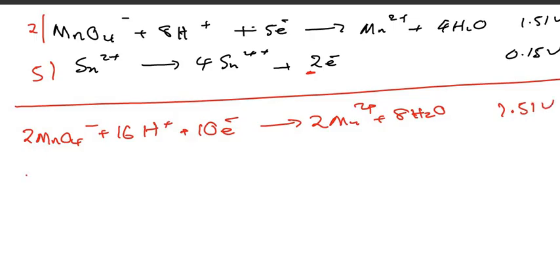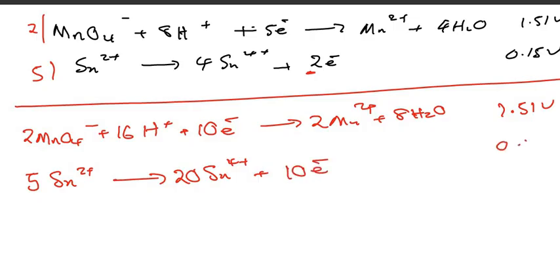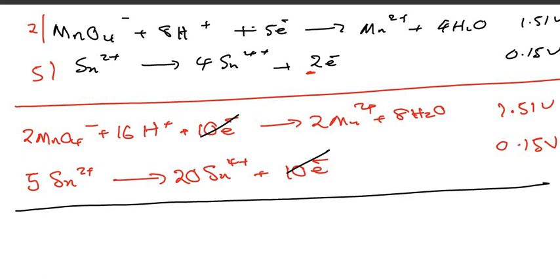Then here you're going to get a 5 Sn2+. This is giving us a 10 Sn4+. Then plus 10 electrons. This is 0.15 volts. Then from here you are seeing that the electrons can cancel out. So if the electrons can cancel, here the electrons are on opposite sides.